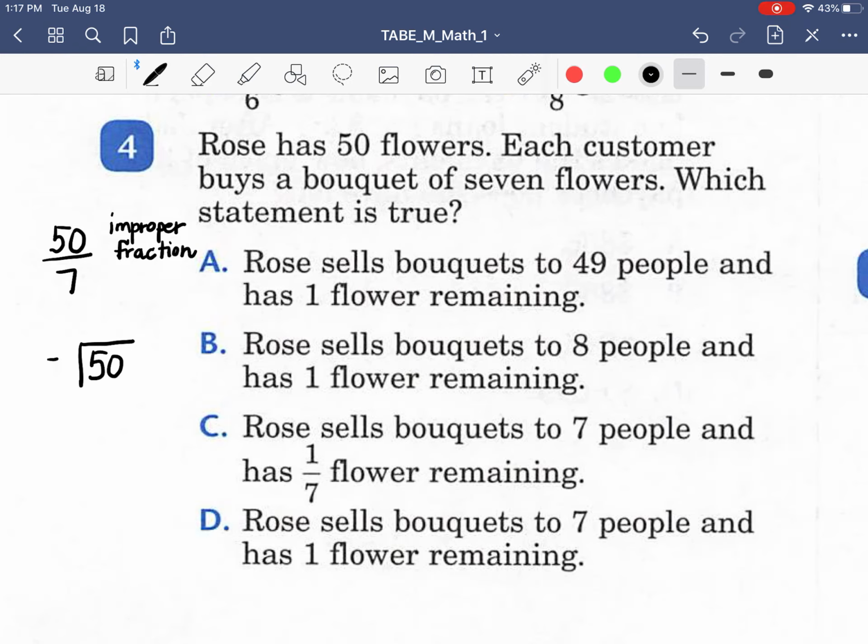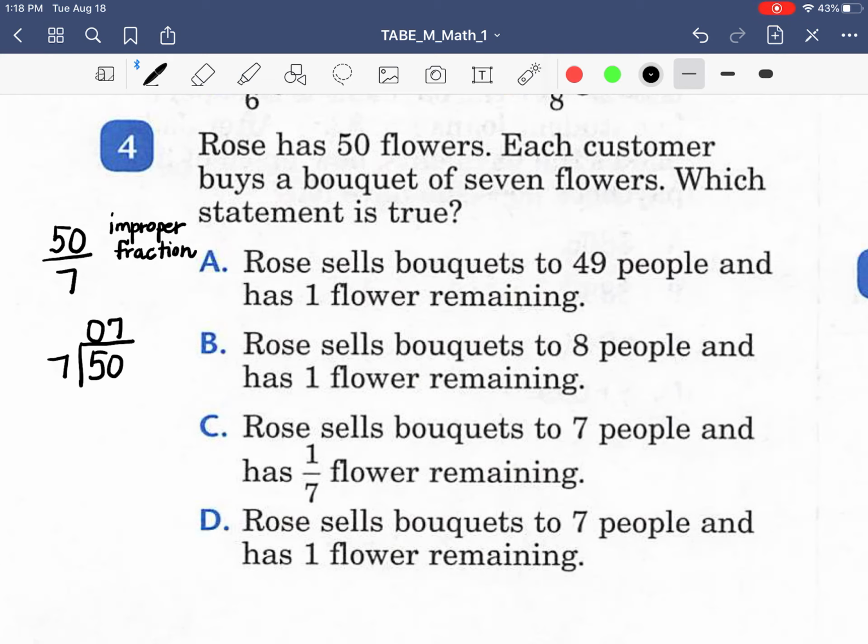So 50 divided by 7. I have to get as close to 50 as I can without going over. So let's count by 7. 7, 14, 21, 28, 35, 42, 49.